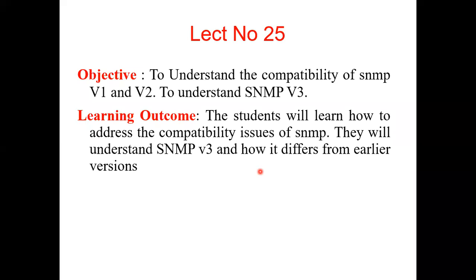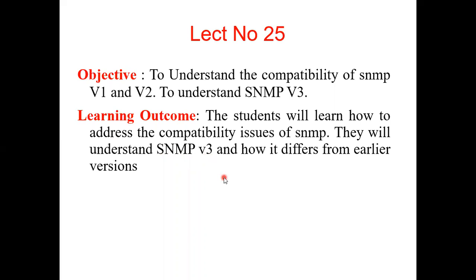The comparison between version 1 and 2, I cannot do on the same parameters when I'm discussing version 3, because version 3 was an altogether different approach. So for that, the initial part of version 3 I need to know, then the architecture and everything we will see in the next lecture.